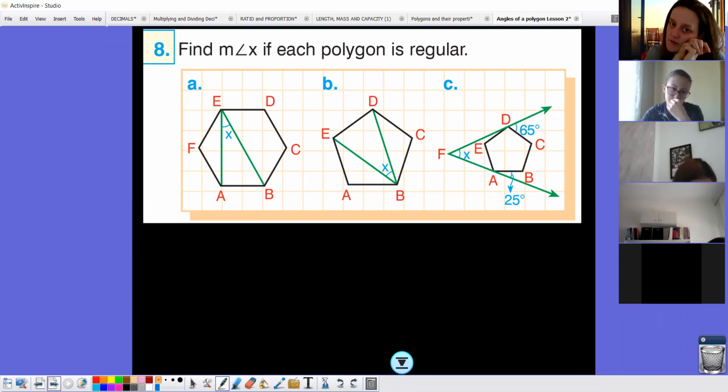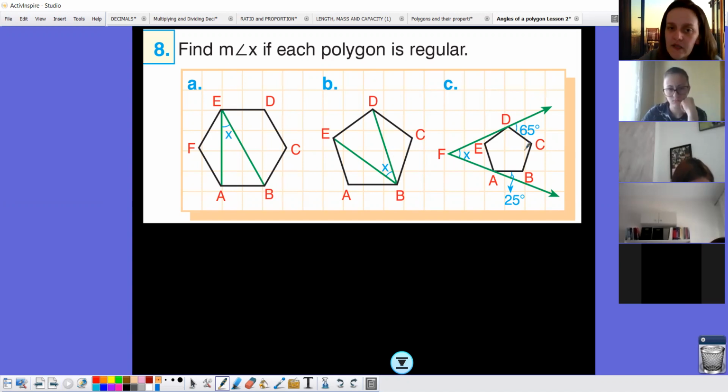It's not one interior angle, no. Only it says that these are regular polygons, and we need to find X. Teacher, shouldn't we use n minus 2 times 180 over n? You can use it. It will give one interior angle.